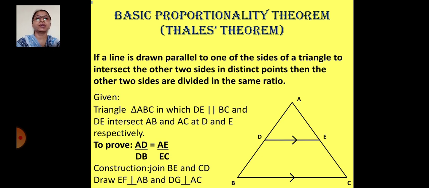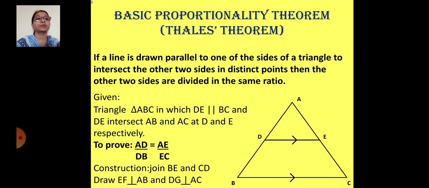This is a very important theorem. The theorem says, if a line is drawn parallel to one of the sides of a triangle to intersect the other two sides in distinct points, then the other two sides are divided in the same ratio.